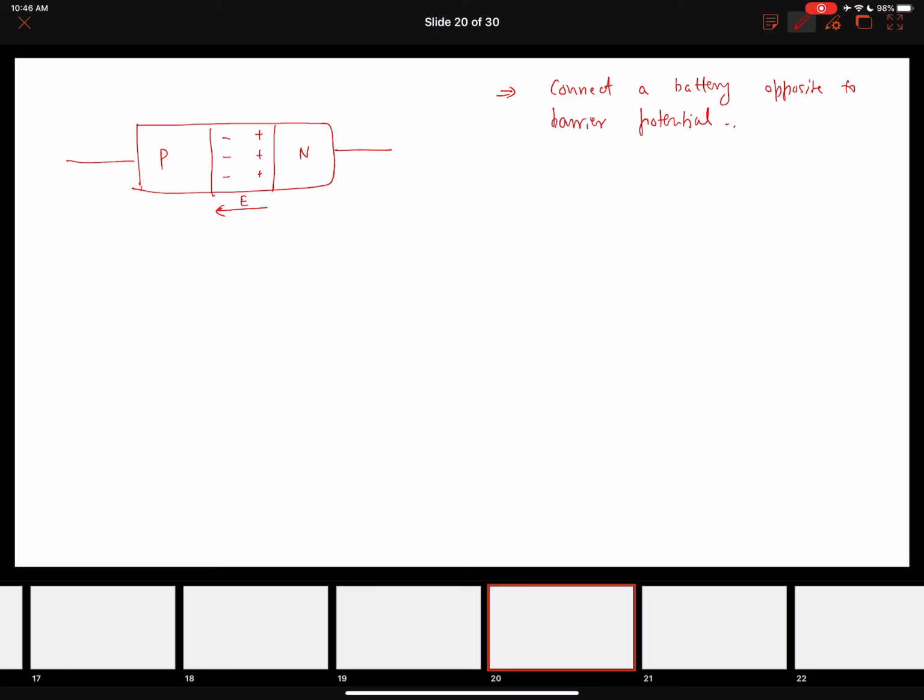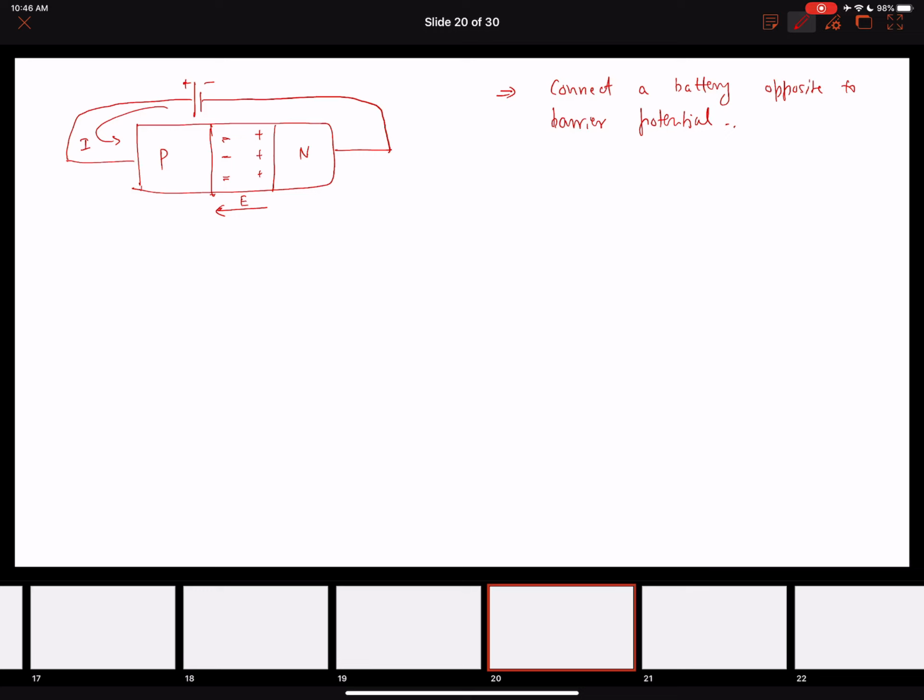Right, okay, so for example, this is a p-type. Our barrier potential is here, this is negative. So if we connect a battery such that positive comes here and negative comes here, we will realize that we can start the conduction to occur. Current is going in this direction.